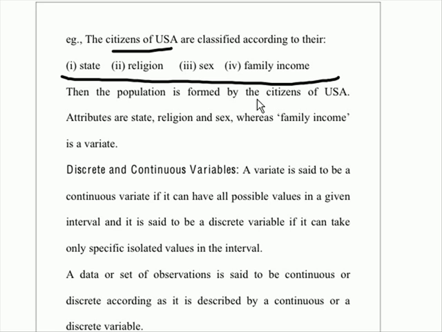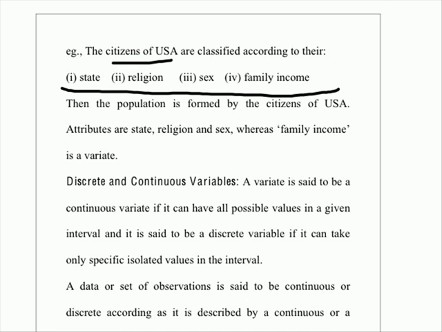Then the population is formed by the citizens of USA, the attributes of which are state, religion, and sex, whereas family income is a variate, because for family income you can put a quantity like $100,000, $120,000, so that's a number that can denote this, whereas state, there's no number, it's just one of the United States. And same with religion and sex.